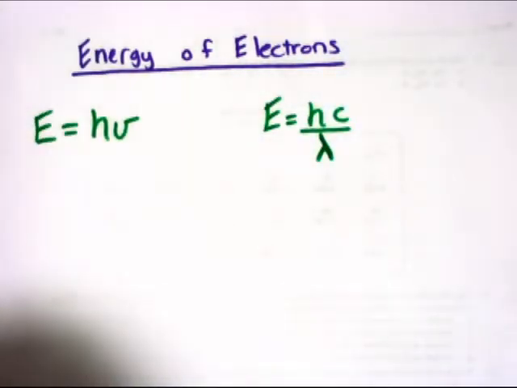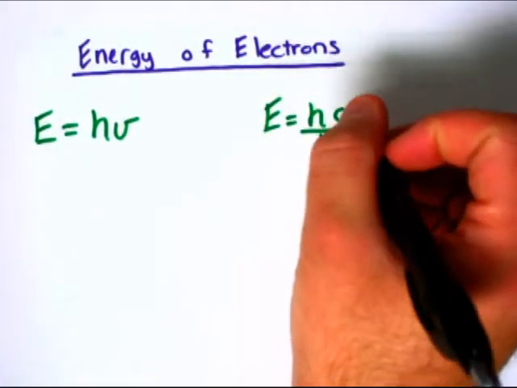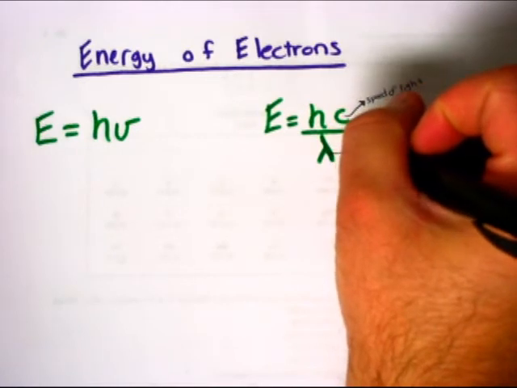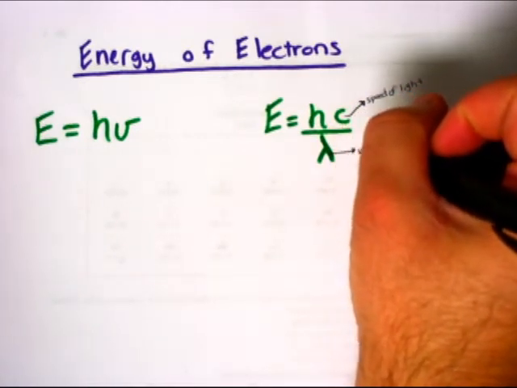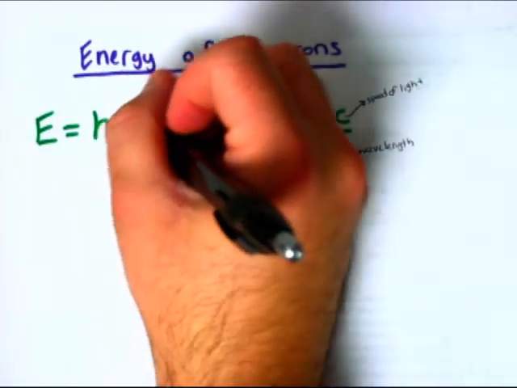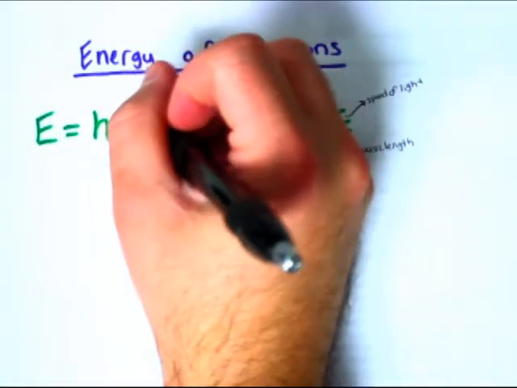Now let's identify your major players in these formulas. What do you suspect the C stands for? What does lambda still mean? Very good, the wavelength. What does the V still stand for? Very good.